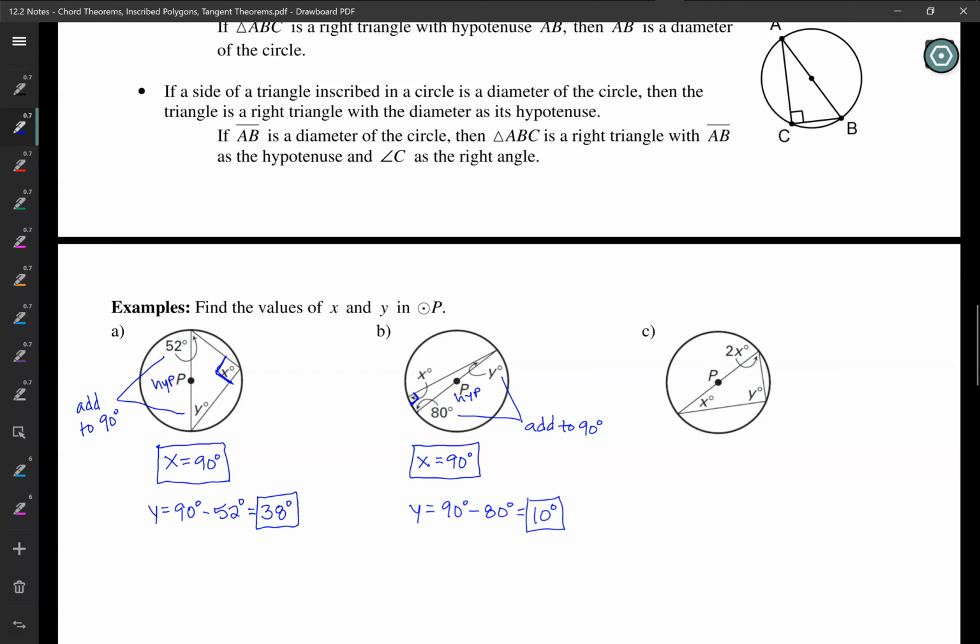All right, this one's a little bit different. We can still find y pretty easy. This is the hypotenuse. So the angle across from that, which is y this time, is the right angle. So this time y is 90 degrees. Now we want x. We know that these two angles add to 90 degrees.